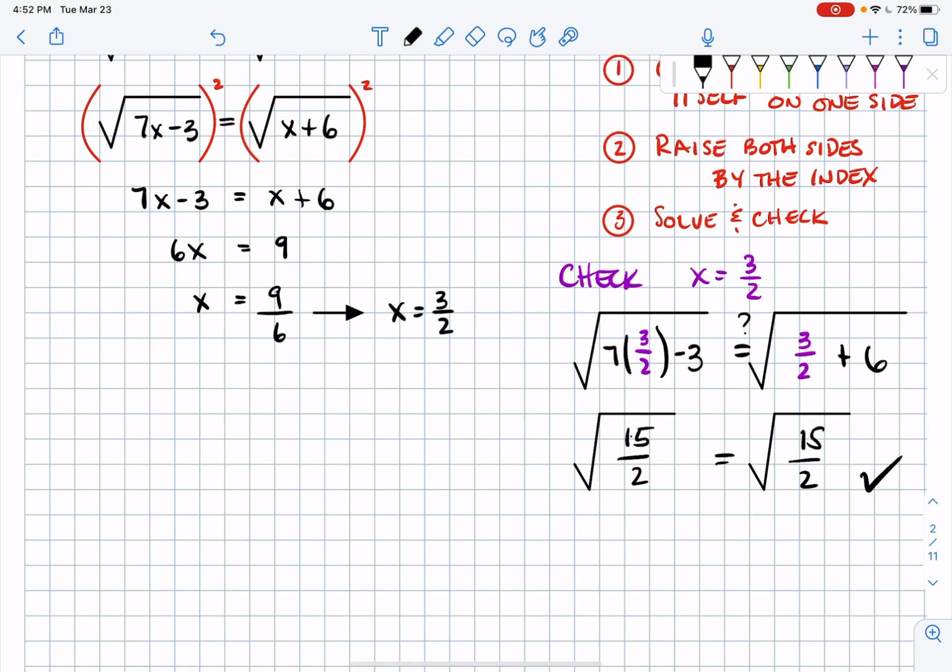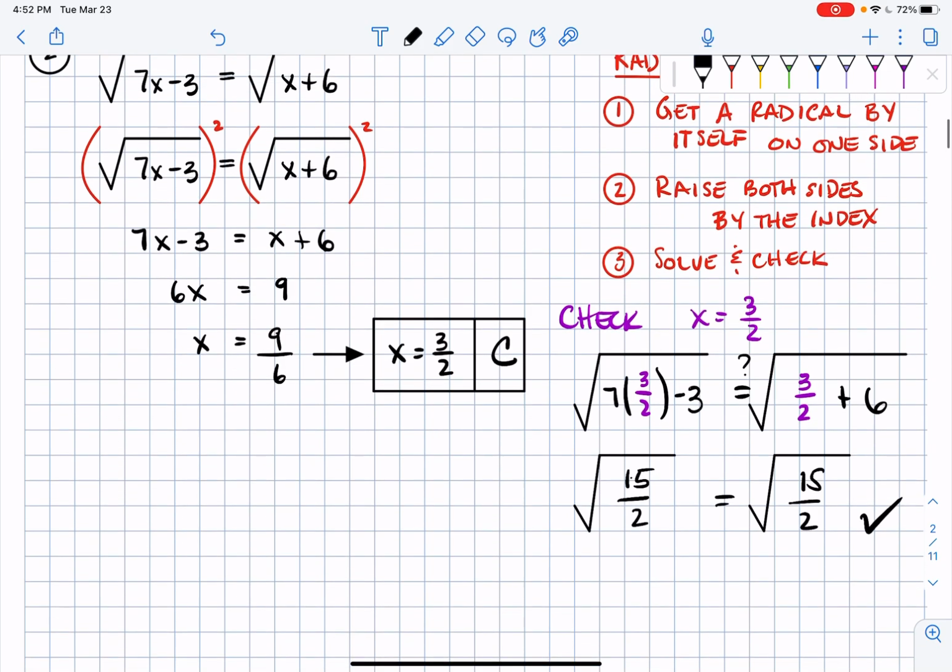So this is a check. That is my answer, and that's going to be choice C. There we go. That's number 2.